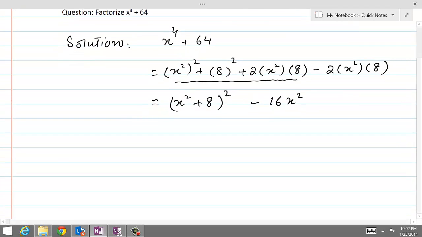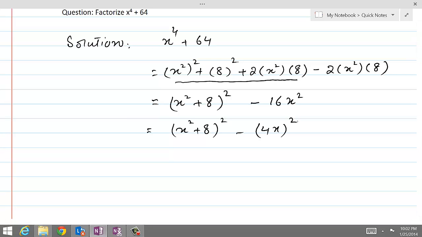If we simplify a bit further, this will give us (x² + 8)² − (4x)². We can clearly see that this expression is now in the form of a difference of perfect squares.